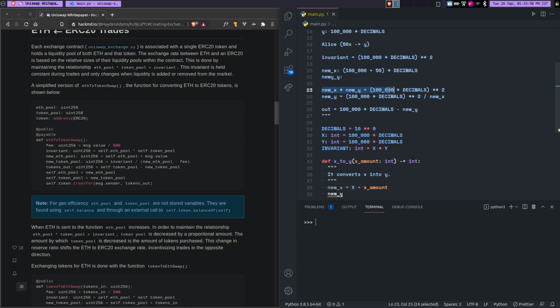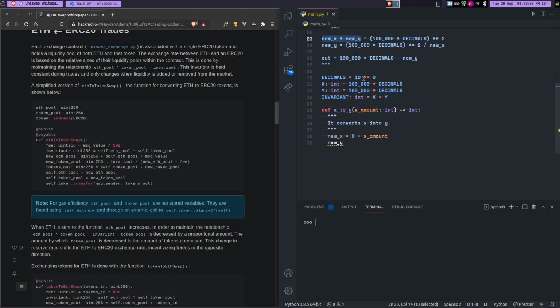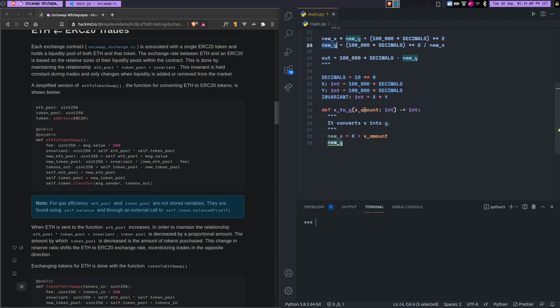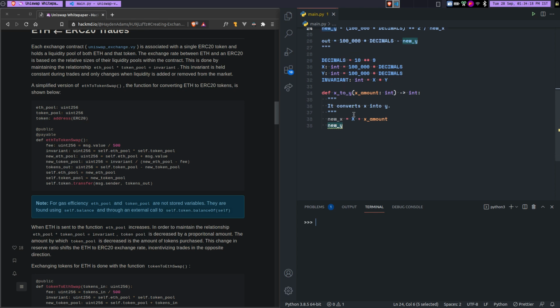So this is the equation that needs to hold true: new X into new Y needs to be the old invariant. You can see that the new amount of Y token is inversely proportional to X tokens, which means as the amount of X token rises, the amount of Y token decreases, right? So in this specific scenario where she was sending 50 tokens of X, the amount of X tokens is increasing, which means the amount of Y tokens will decrease.